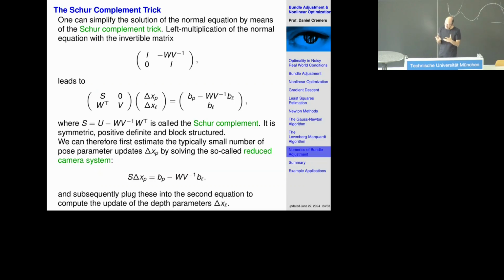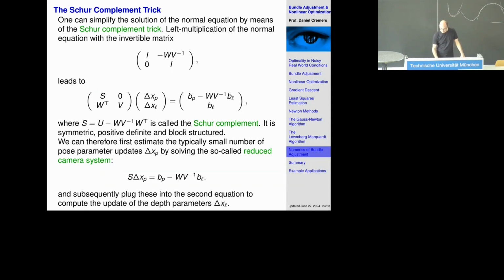It's much like in the 8-point algorithm. Remember, we decoupled it into a problem that only involved the camera transformations. Same idea here. For the update in the camera parameters, we don't need to know the update in the landmark parameters. We've decoupled it with this trick.